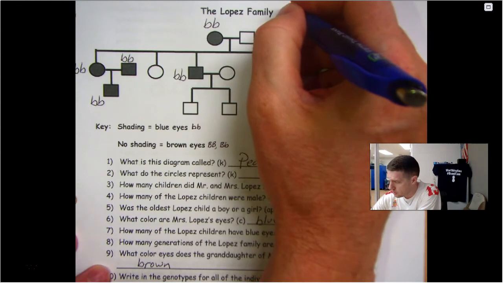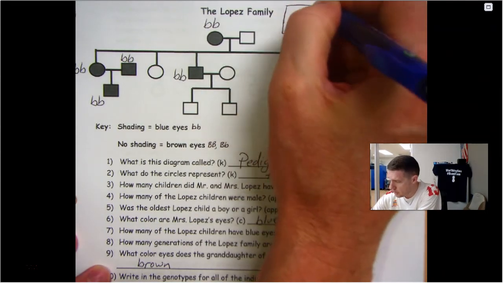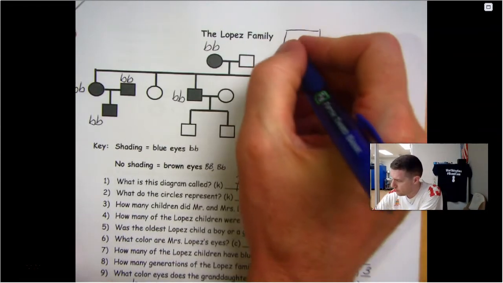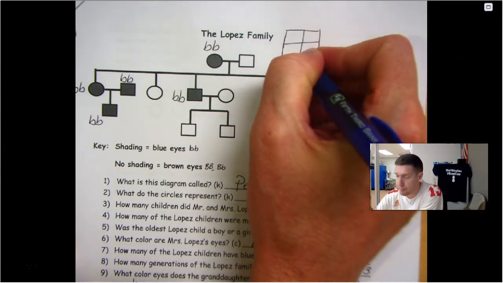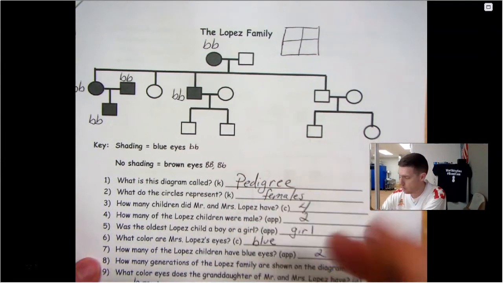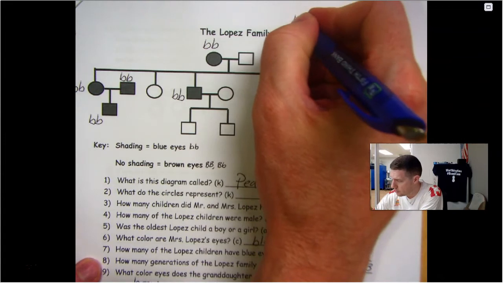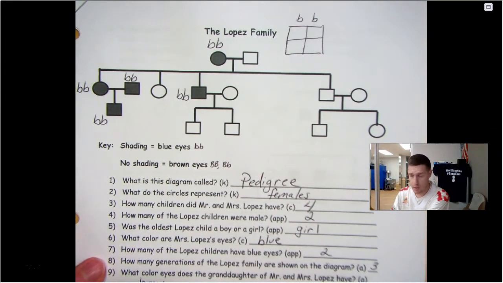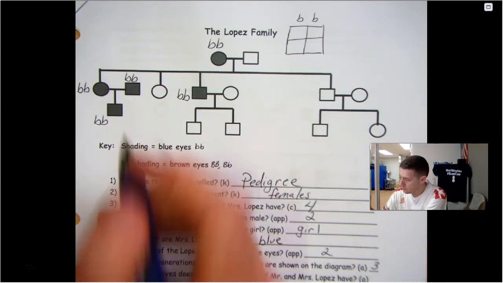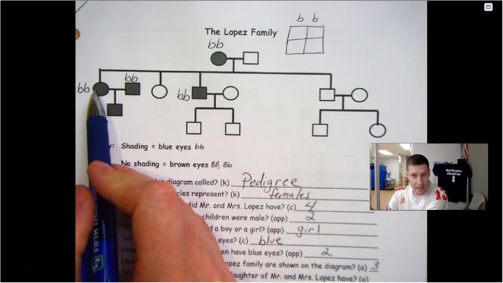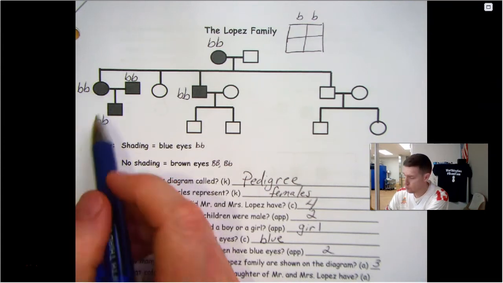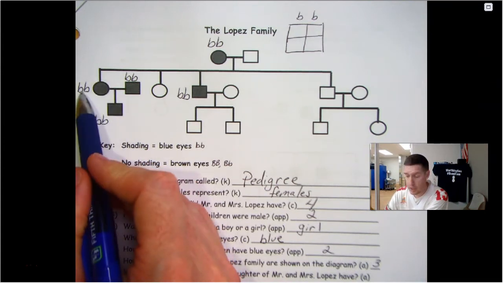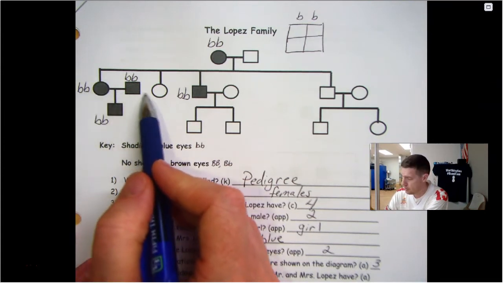So let's do this. Okay, draw a very quick Punnett square over here. It doesn't have to be pretty. It just has to work. We know Mrs. Lopez. Okay, she's going to run this cross. Now, let's think for a second. They have 4 children. Look, one of them comes out homozygous recessive.